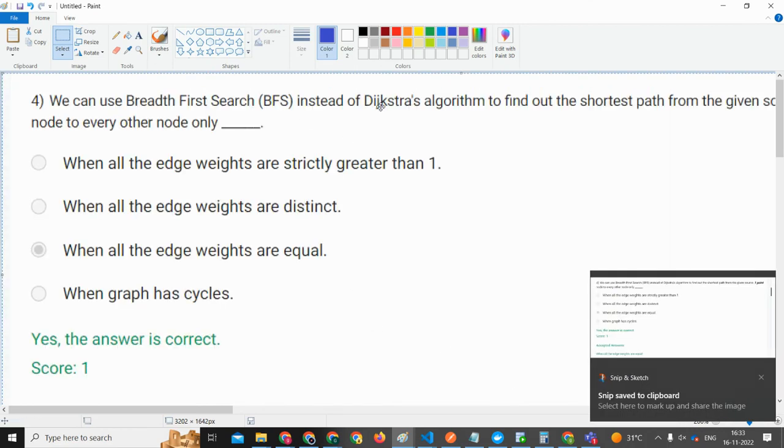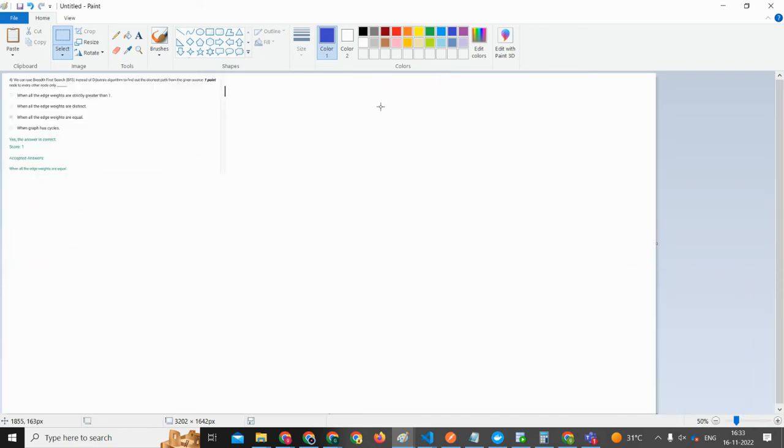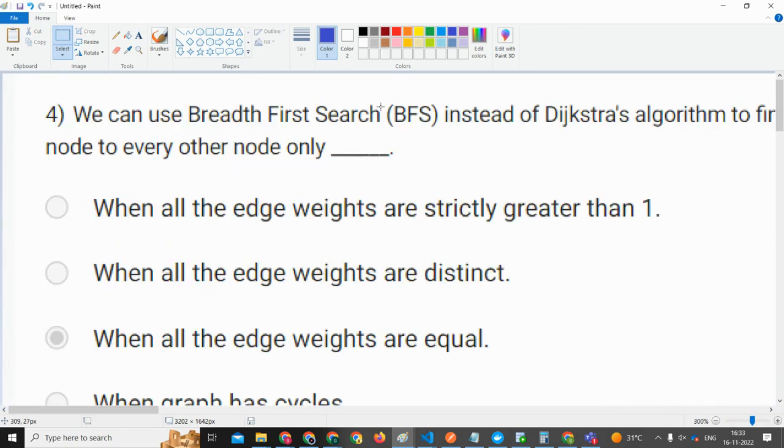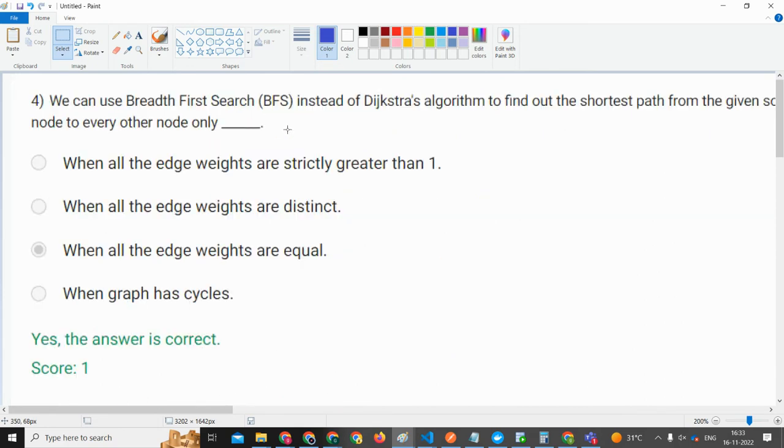Okay, fourth question, right? Let me read the question here. We can use BFS instead of Dijkstra's algorithm to find the shortest path from the given source node to every other node. So what is your doubt here?